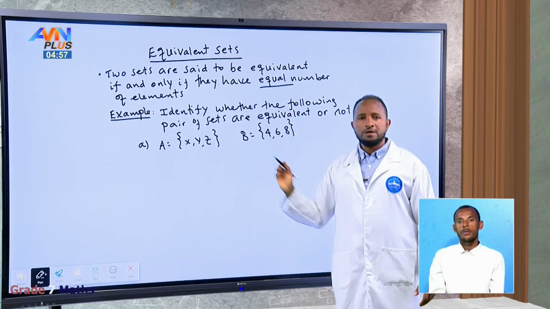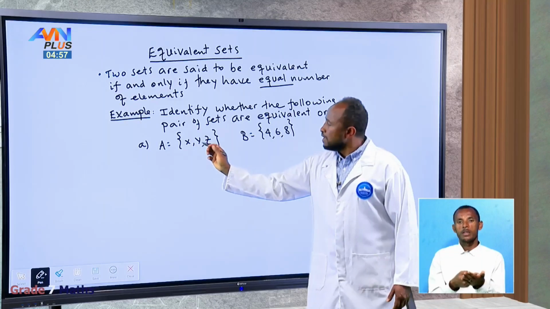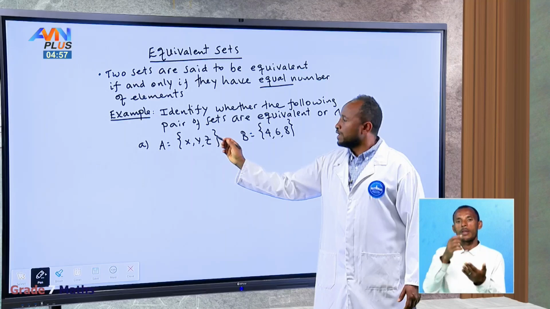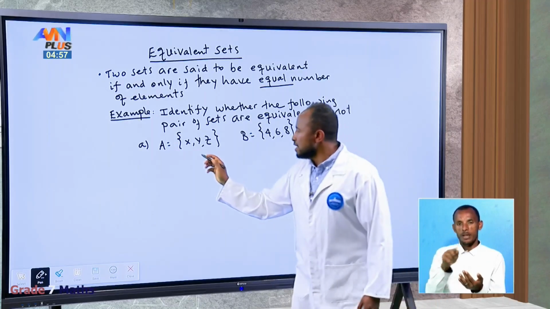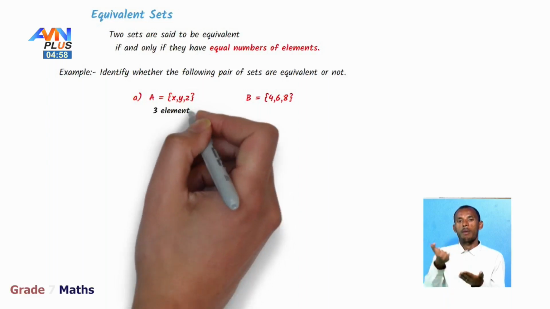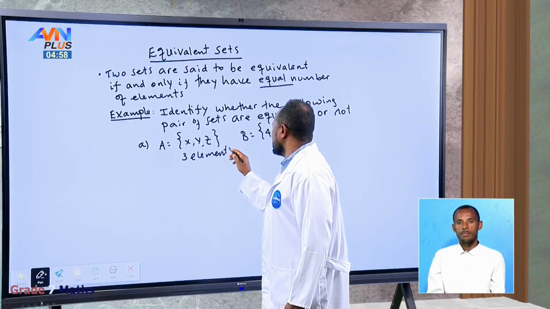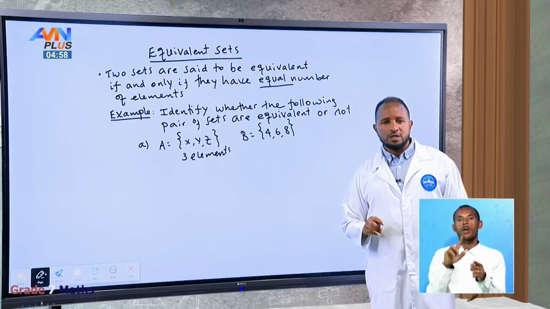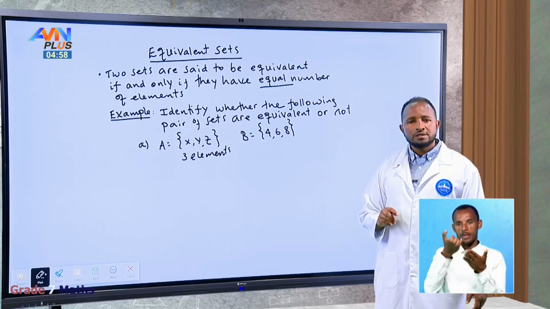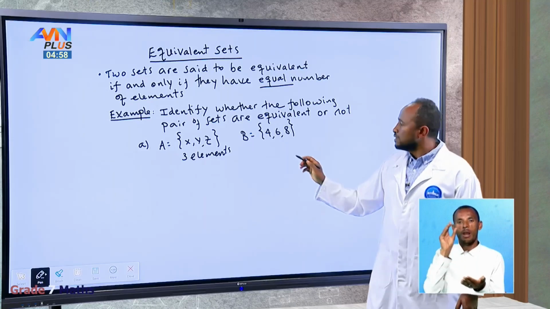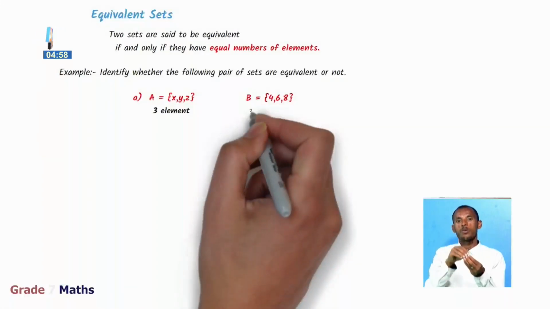As you can see here, set A contains 3 elements, x, y, and z. Again, when you count the number of elements of set B, it contains 3 elements, 4, 6, and 8.